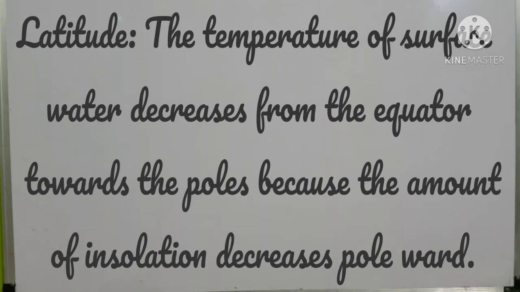As you have seen in the earlier chapters on solar radiation, the sun rays are focused on the equator, and after that they decrease towards the poles. That's why the temperature of oceanic water is different in the oceans around the equator and the areas near the polar regions.